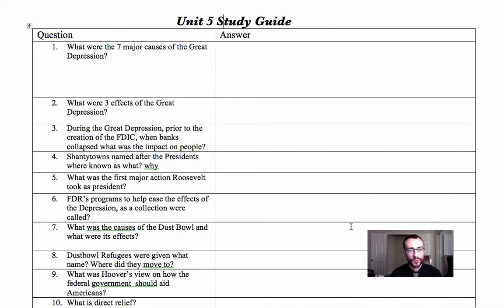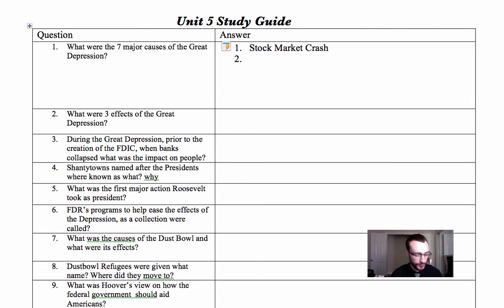Number one says, what were the 7 major causes of the Great Depression? You learned these through a reading and also through the Great Depression simulation that we did, but let's go through these really quick. Number one, the stock market crash. Number two, bank failures.